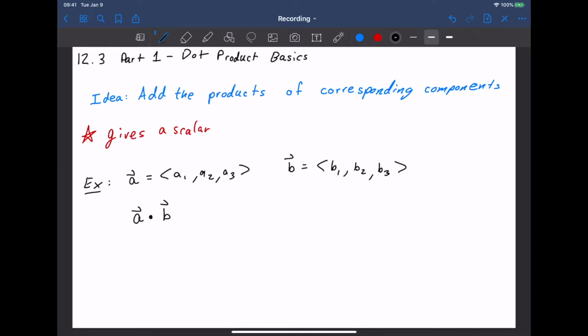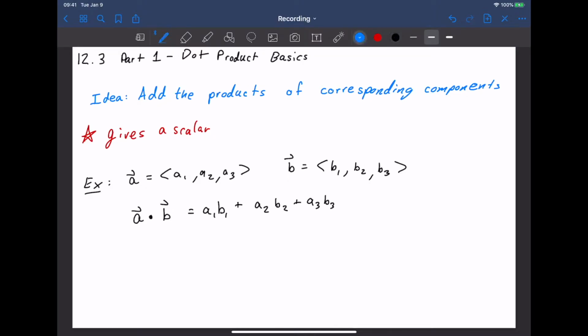We're going to be very careful with using a dot for multiplication from here on out. It would just be A1 times B1, the product of the first components, plus A2 times B2, the product of the second components, plus A3 times B3, the product of the third components.